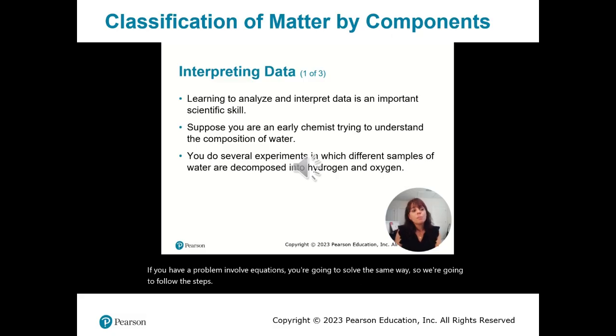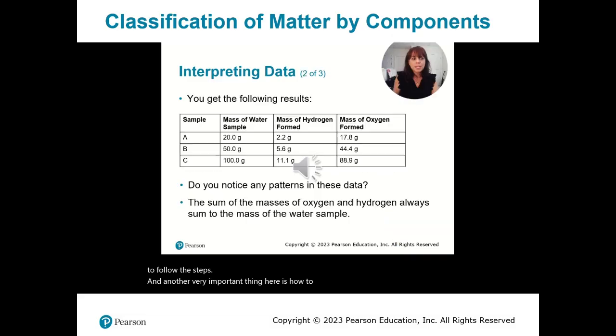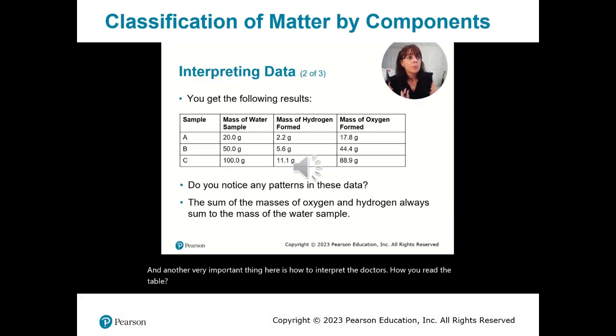And another very important thing here is how to interpret the data, how you read a table, how you read a graphic. For example, here we have a table with the mass of water and hydrogen and oxygen for 3 samples. When you look at this table, what can this table tell you?